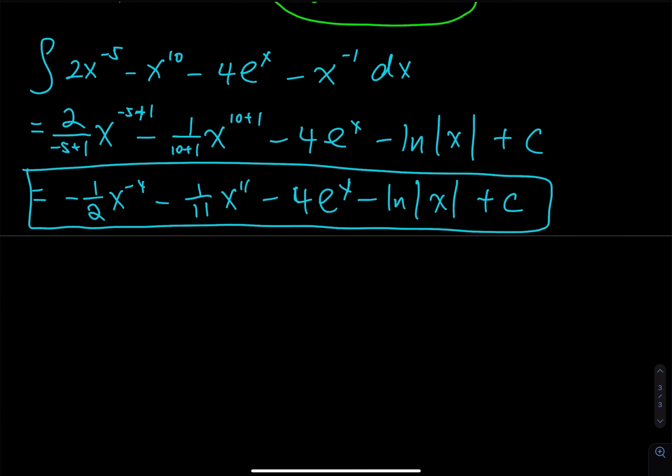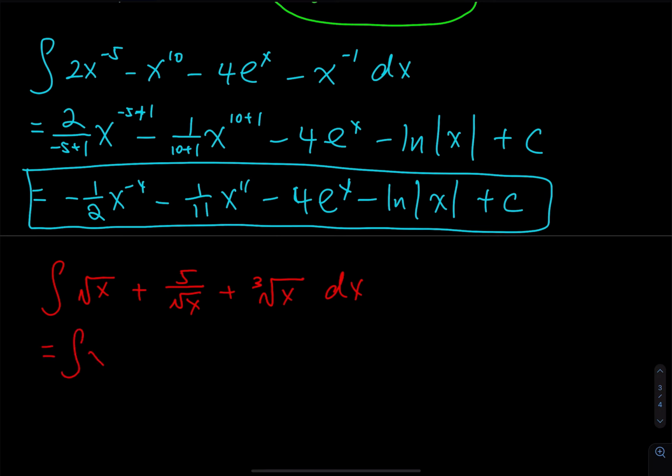Let's do 2 more. The next problem, how about this? Let's try some radicals. How about the integral of square root of x plus 5 divided by square root of x plus the cube root of x dx. So this is the integral of x to the 1/2 plus 5 x to the negative 1/2 plus x raised to 1/3 dx.